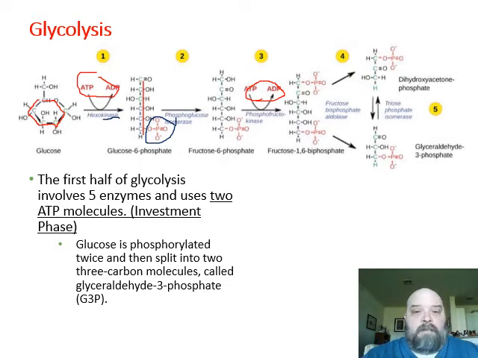Glucose 6-phosphate becomes fructose 6-phosphate, a 5 sugar. Now, the way they've drawn this as straight chains, it doesn't look like it, but you've gone from a 6 to a 6 with a phosphate group added here, to a 5 carbon.